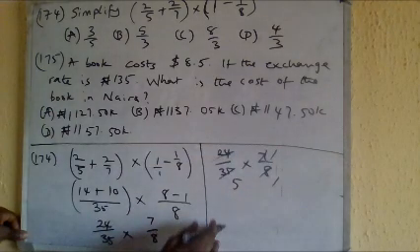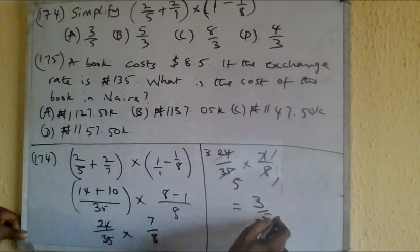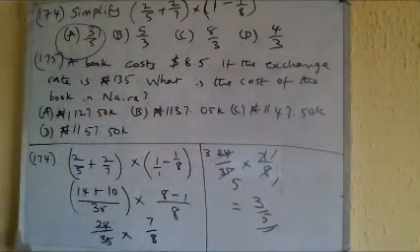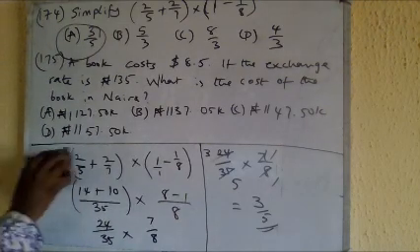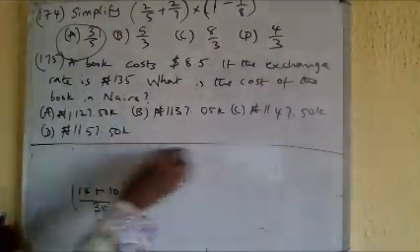So my answer is 3 over 5. 3 over 5 is option A.